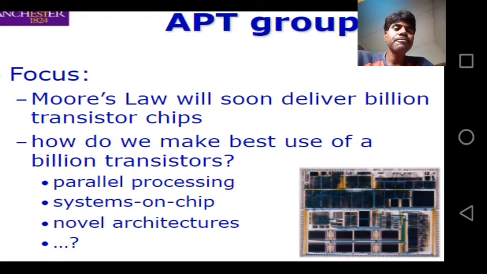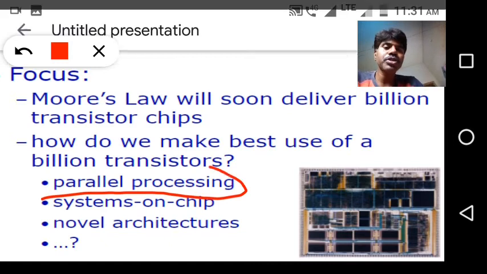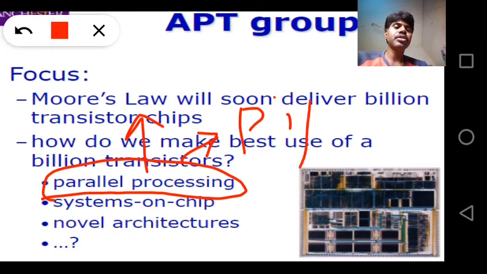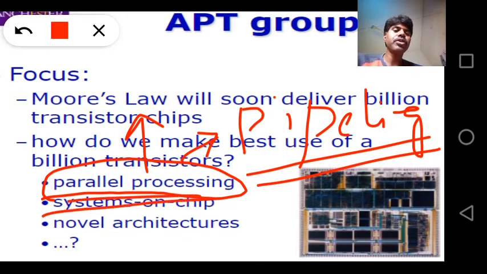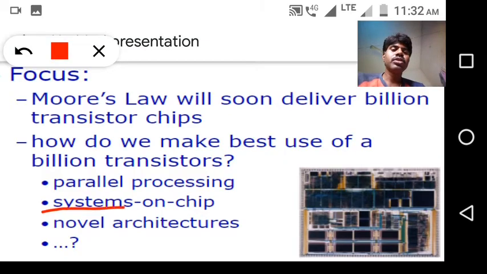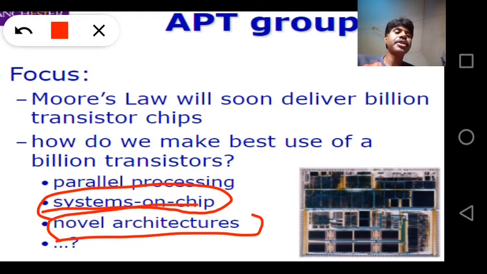And next one, how do we make best use of these billion transistors means whether we can implement parallel processing. Remember, if I say parallel processing, there is a lot of technology being implemented for it. You can implement pipelining or parallel processing, or you can do systems on chip, and you have to implement some novel architectures.